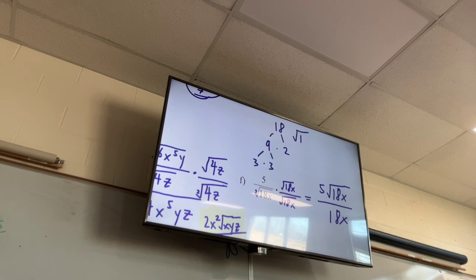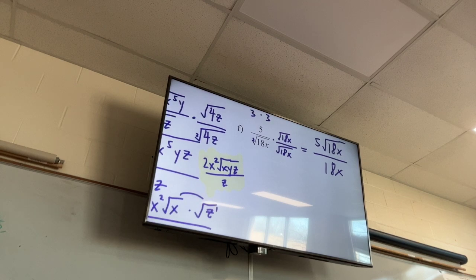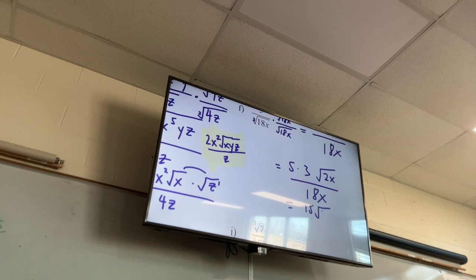So the square root of 18 equals the square root of 3 squared times the square root of 2, or just 3 root 2, okay? So that becomes 5 times 3 root 2x all over 18x, or 15 root 2x all over 18x.